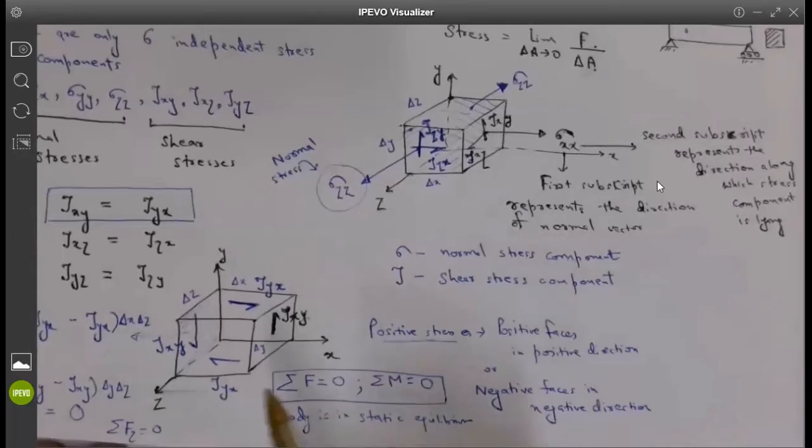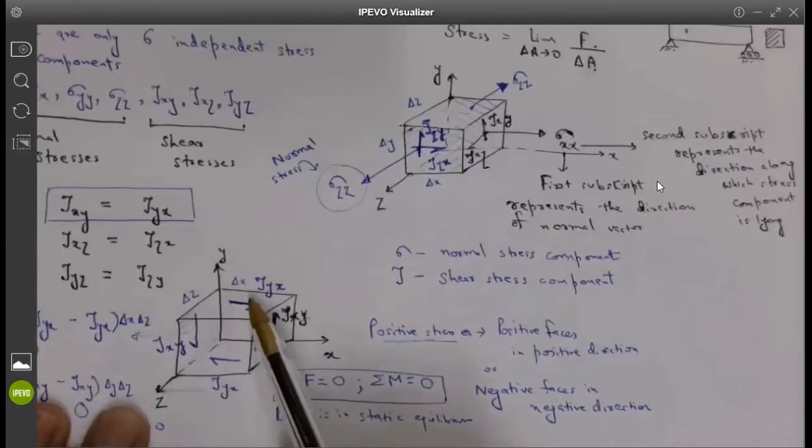So if I have to do moment about the z-axis, I'm asking Jessica to help us write out the moment expression for this specific stress component acting on this face. Yeah, force times distance of that force, the torque. Perfect.